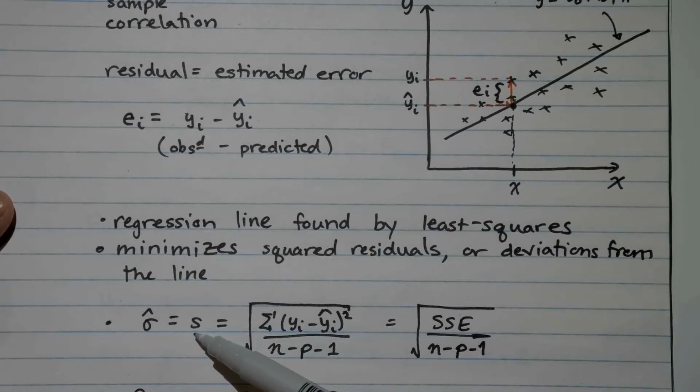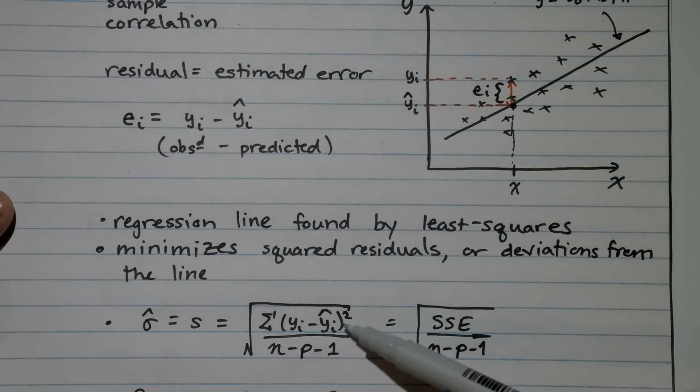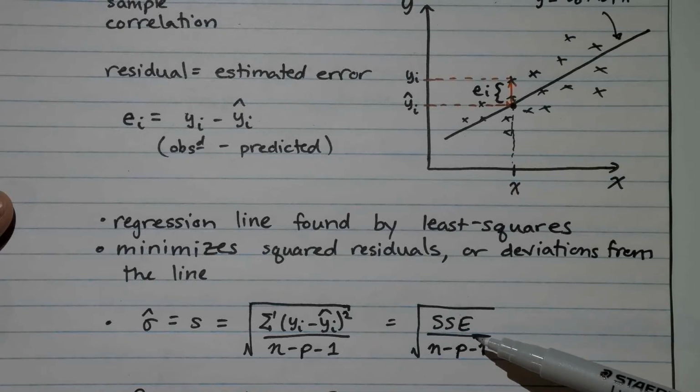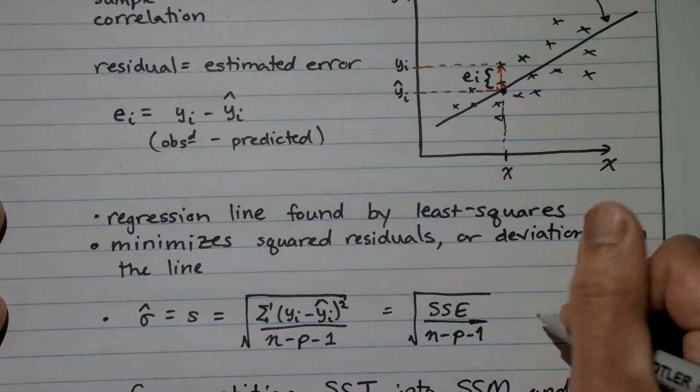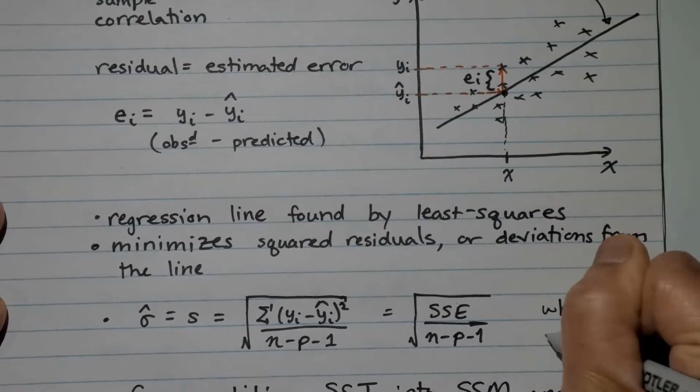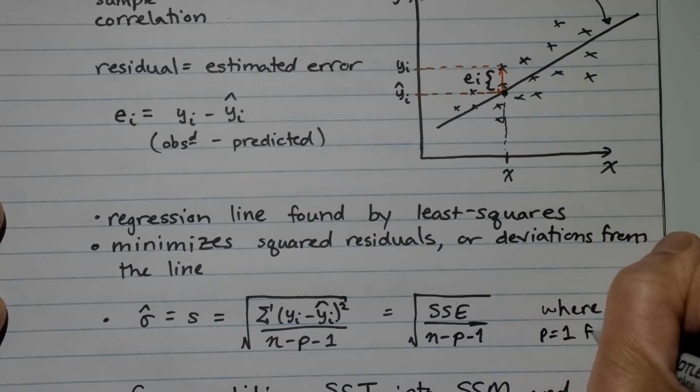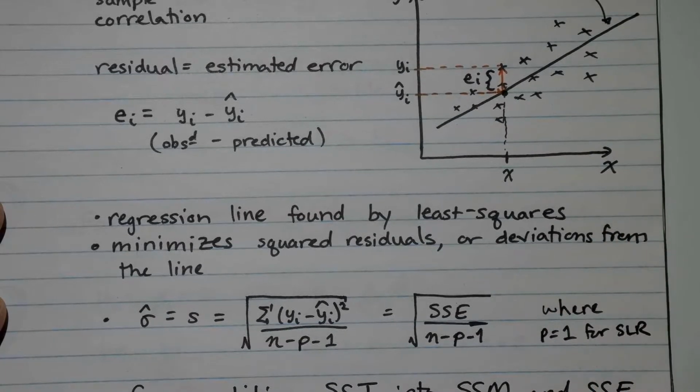So we use s in the sample to represent that, and it's just the square root of the sum of the squared residuals divided by n minus p minus 1, which is the sum of squares error over n minus p minus 1, where p equals 1 for simple linear regression.